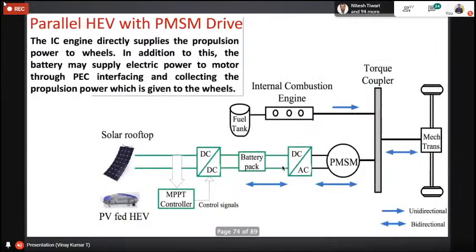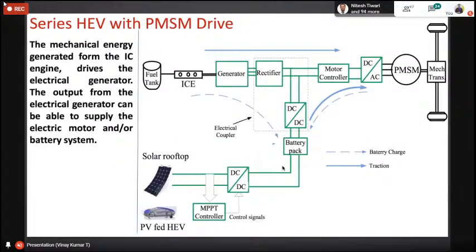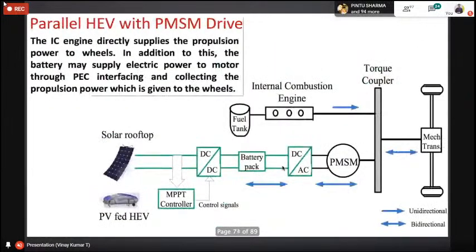Coming to the parallel hybrid vehicle. In case of parallel hybrid vehicle, IC engine and motor both are connected in parallel to the shaft, right? So here when our machine is operating in motoring mode, during accelerating condition, what is happening? This path and this path both are in active condition.